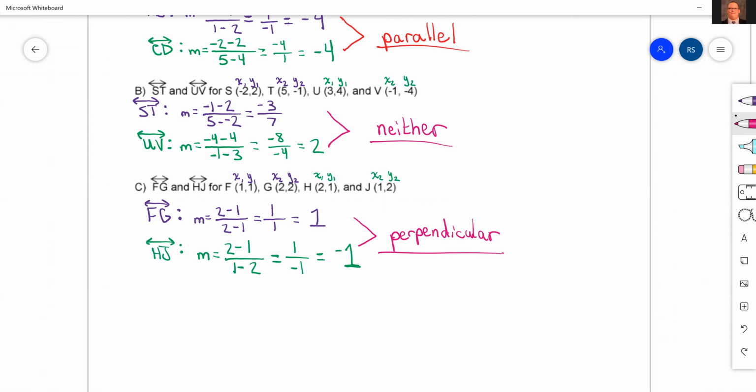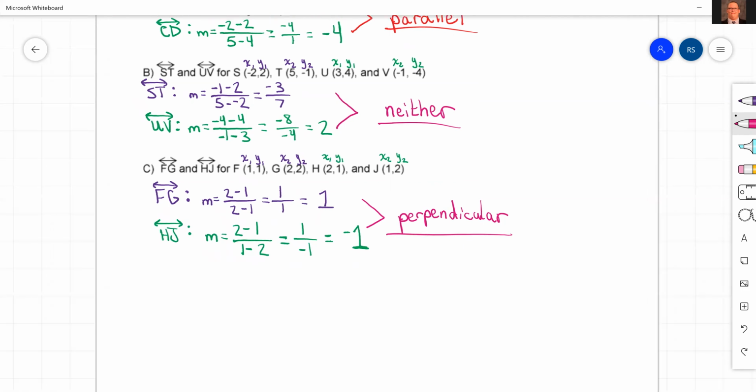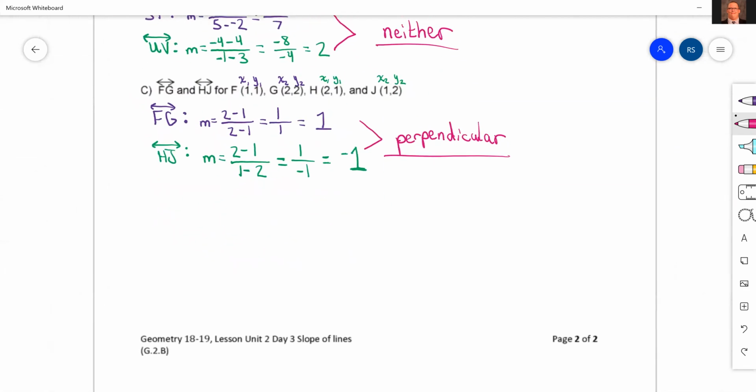Okay, now what I'm about to tell you is not on the notes, but it might help you on the assignment. Let's say we had a line, so I'm just going to say line 1.